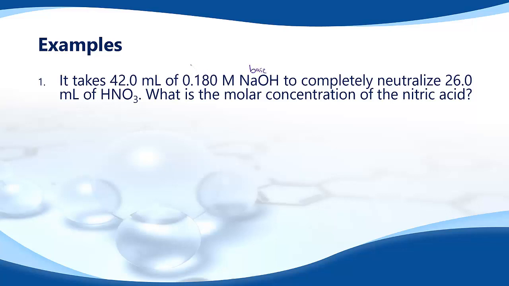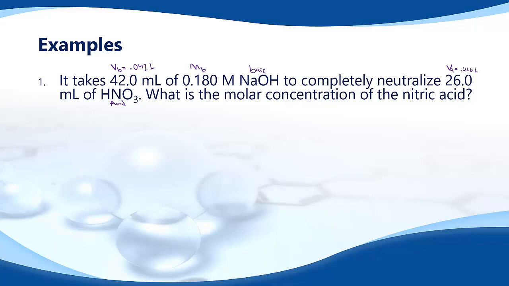So 0.180 is molarity of the base. 42 is volume of the base, 42 milliliters. Now again, I'm going to convert this to liters to be 0.042 liter, just to be kind of consistent. Nitric acid is our acid. And we have the volume of the acid at 26. So volume of acid, 0.026 liters.